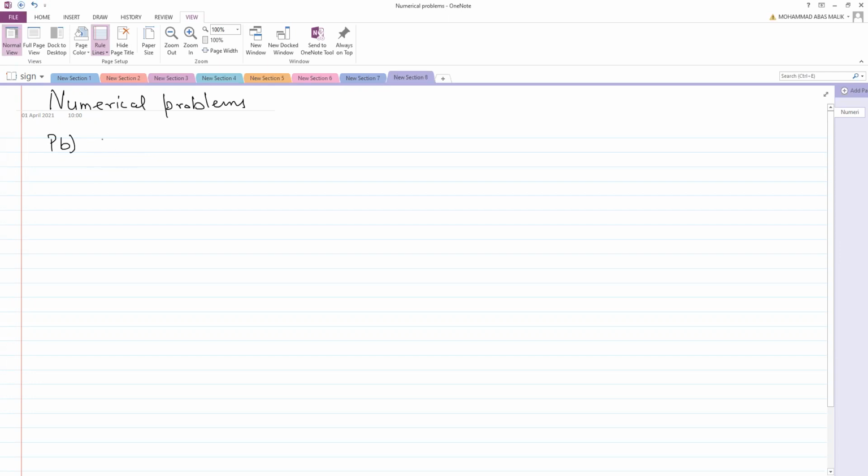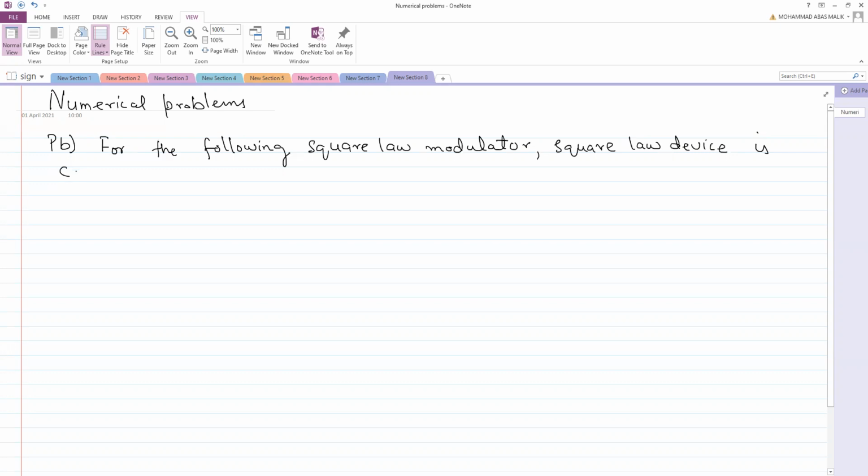You just write down: the following scalar device is characterized by the equation V naught, the output, equal to the input Vi plus 0.1 Vi whole square.